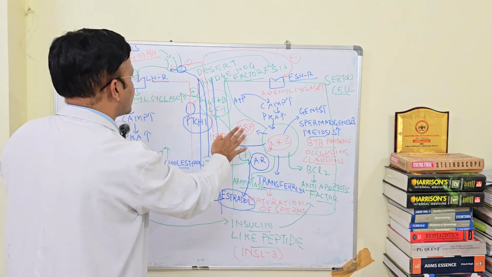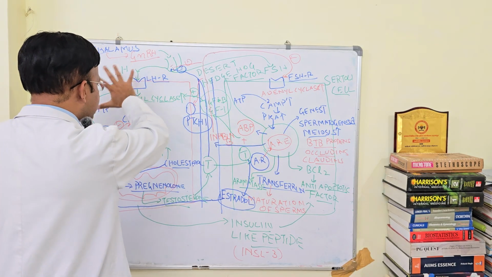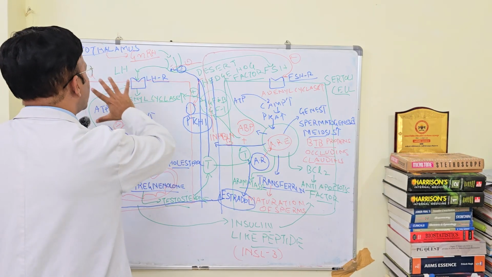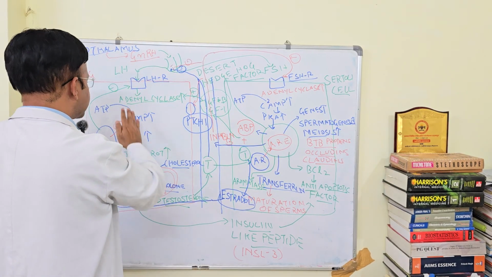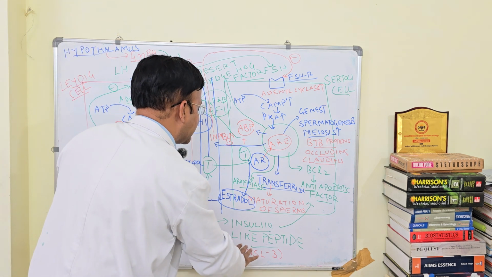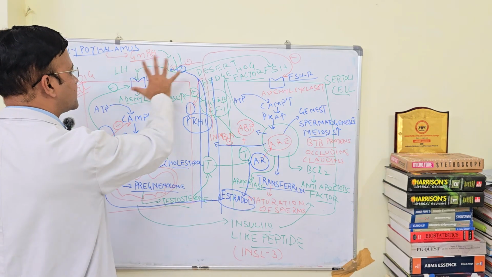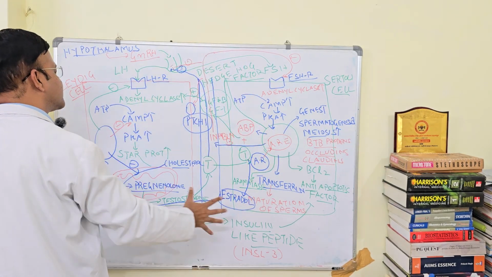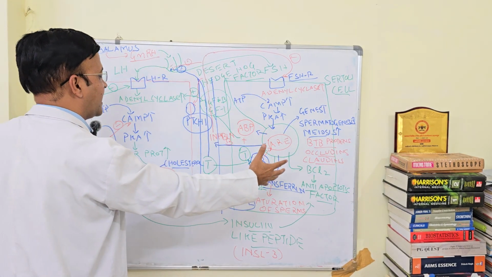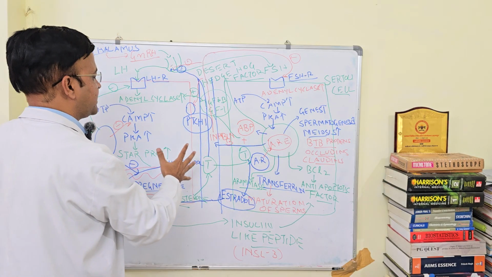The Sertoli cells also secrete TGF beta and IGF-1, which help in growth and differentiation of Leydig cells. Leydig cells also secrete insulin-like peptide INSL3, which helps in growth and differentiation of Sertoli cells. It's a kind of beautiful mechanism. So many things interacting with each other, modulating each other, right?